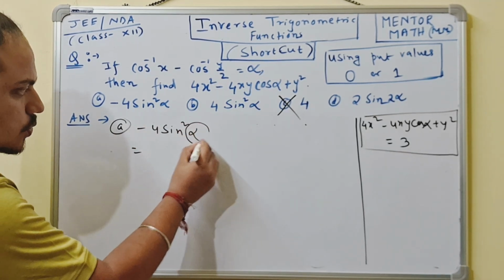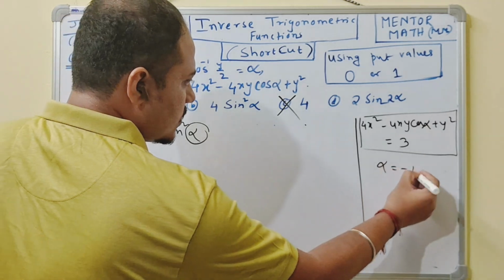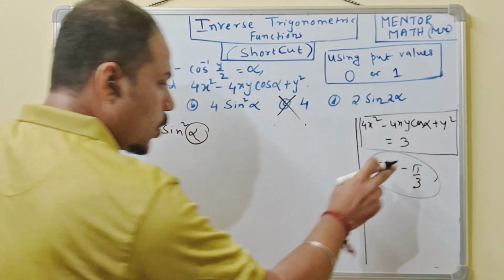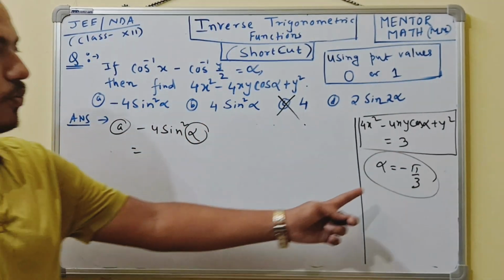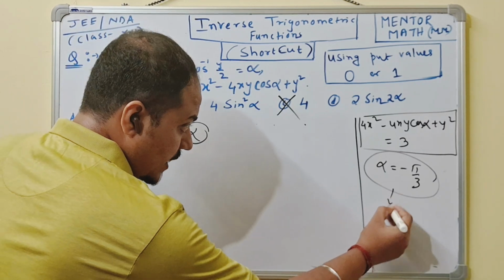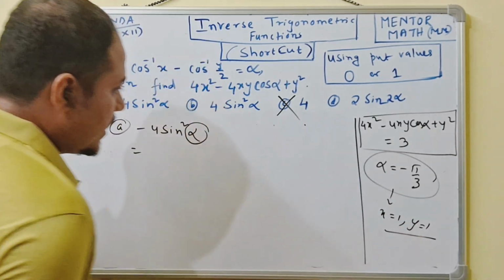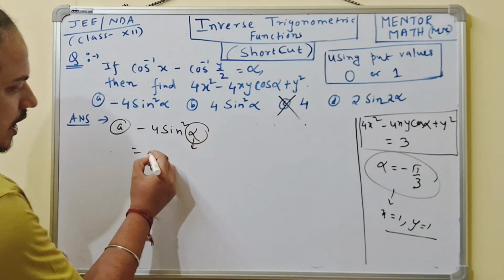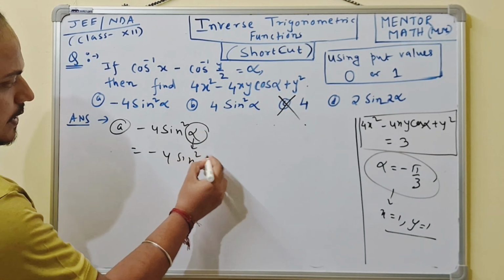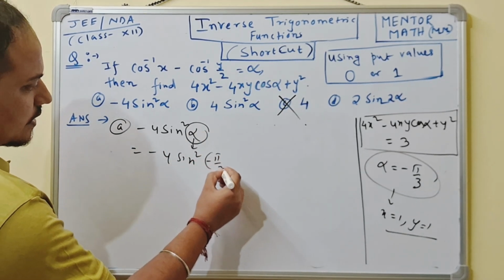If you substitute α equal to −π/3, because you already got the value α equal to −π/3 when x is 1 and y is 1, so now you can substitute α by −π/3.